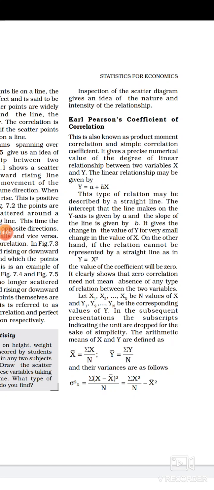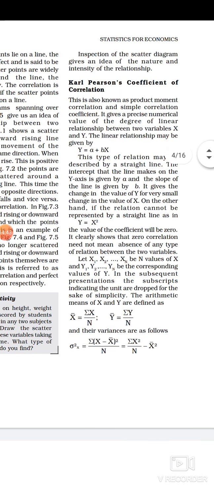The arithmetic means of x and y are defined as x bar equals summation x divided by n, and y bar equals summation y divided by n, and their variances are as follows: sigma squared x equals summation of (x minus x bar) whole squared divided by n, or equal to summation x squared divided by n minus x bar squared.